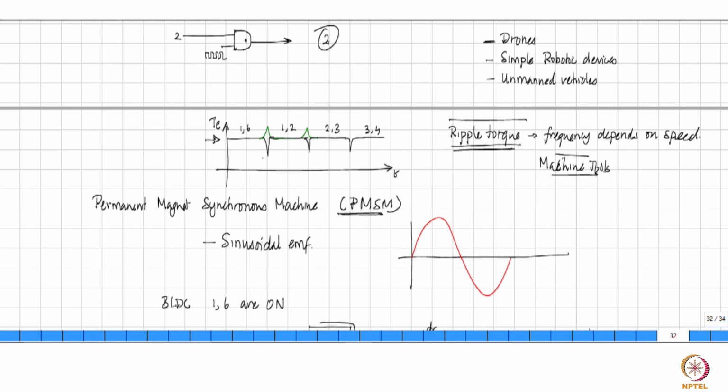So this happens in the intervening small interval when one set of devices finish conducting, the next set is going to take over for the next 60 degrees, right?